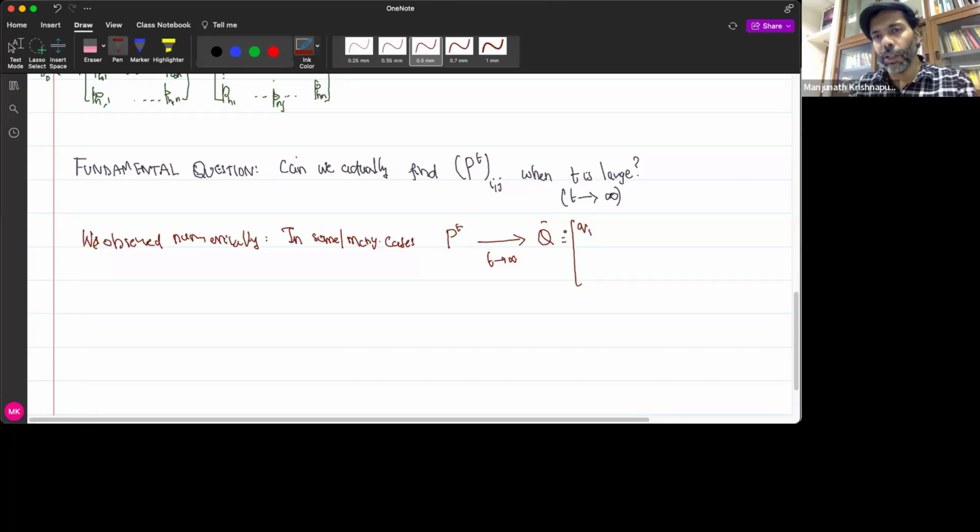So let's say the first row I write as pi 1, pi 2, up to pi n. Then the next row is also pi 1, pi 2, up to pi n, and all the rows are pi 1, pi 2, up to pi n.